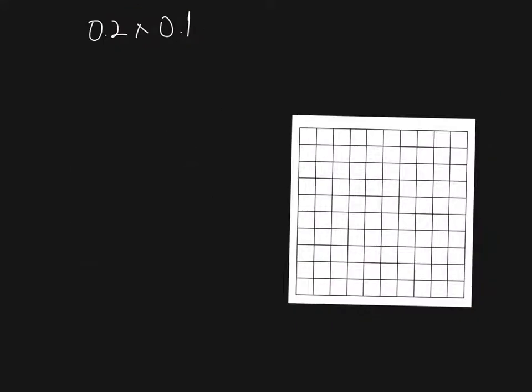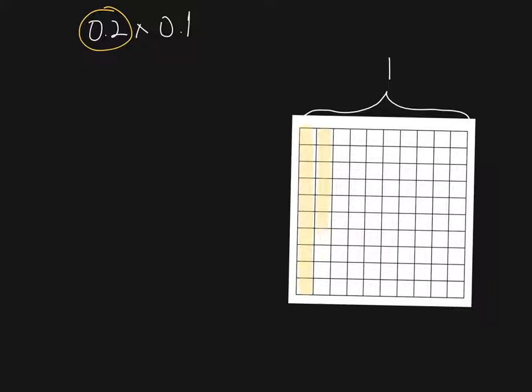So let's expand on that a little bit, and we're going to find 2/10 of 1/10 this time. So I'm going to label this one whole, this whole square, and it's divided up into 100 parts. Each row and each column is going to be a tenth. So this time my first number is 2/10. So I'm going to be highlighting 2/10 this time.